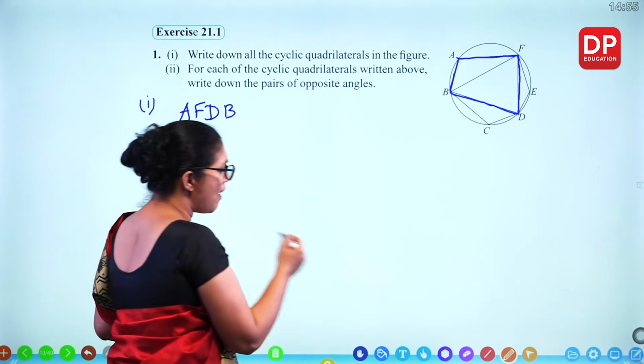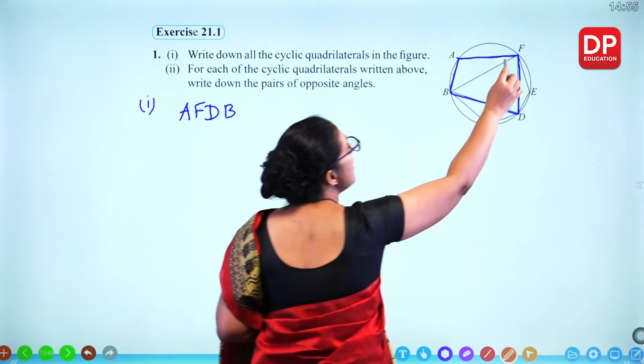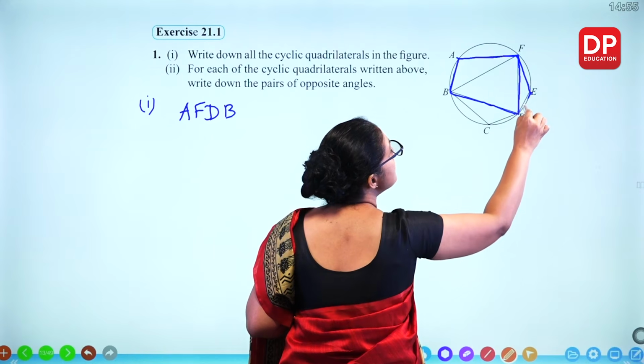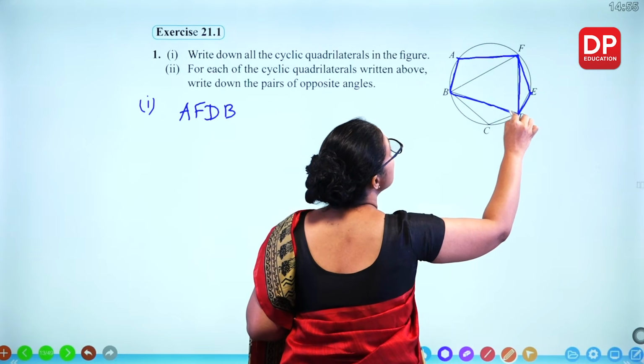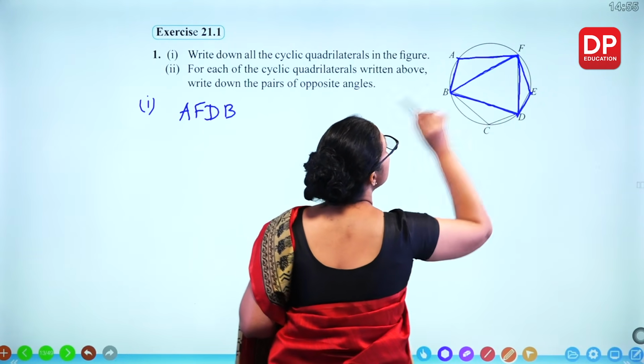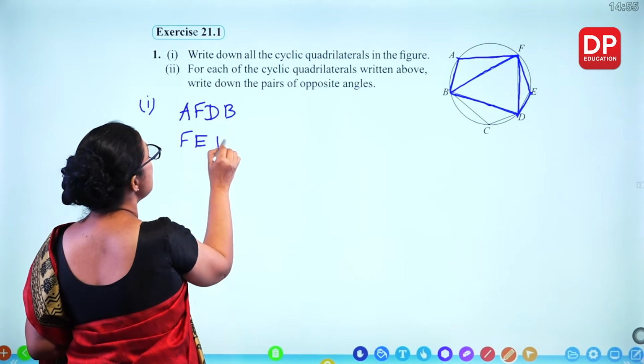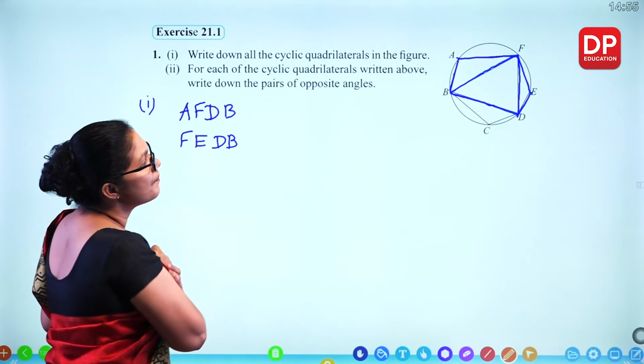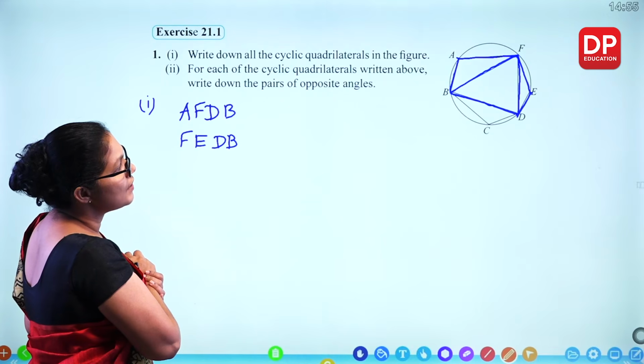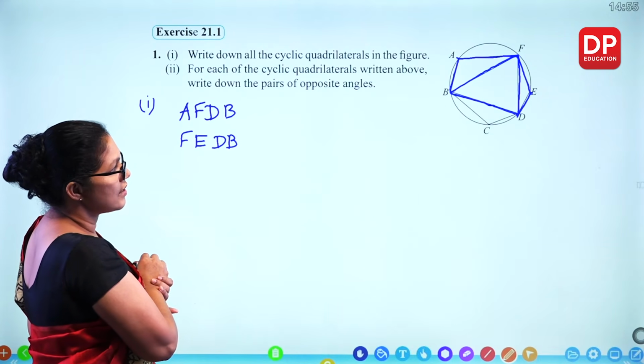Now start from F. F, E, D, B. Can we draw another one with F? You can't.